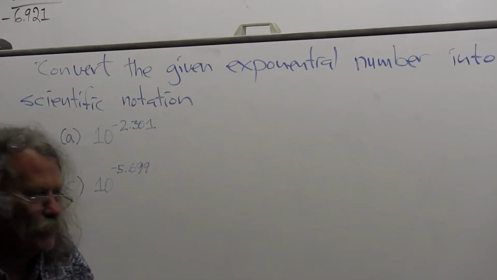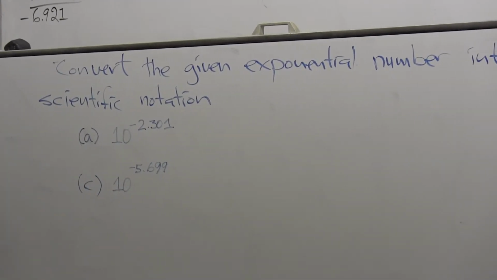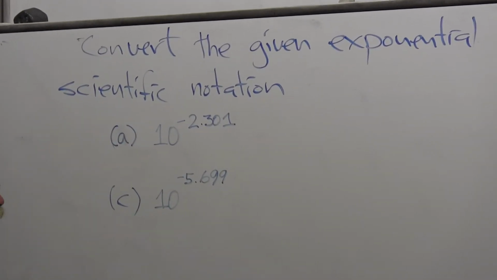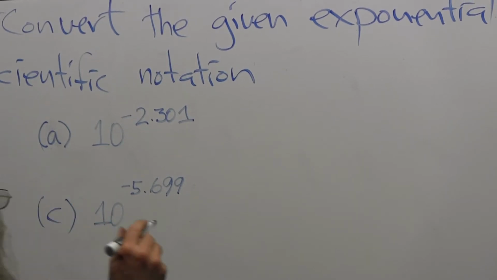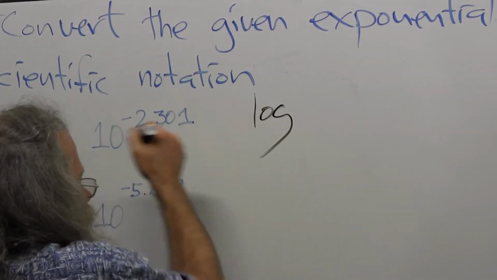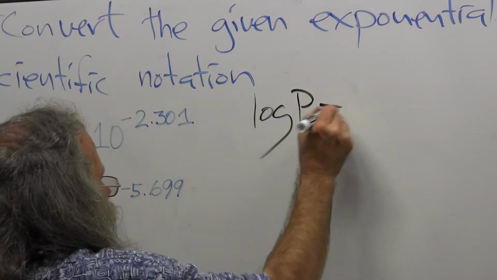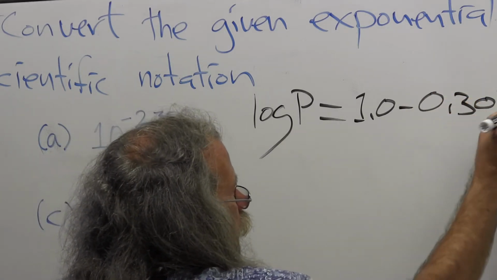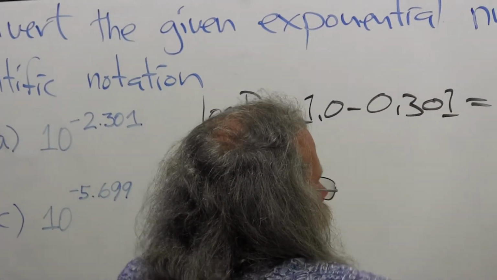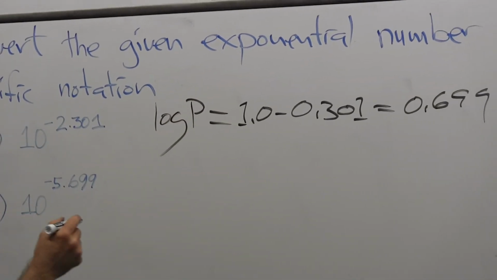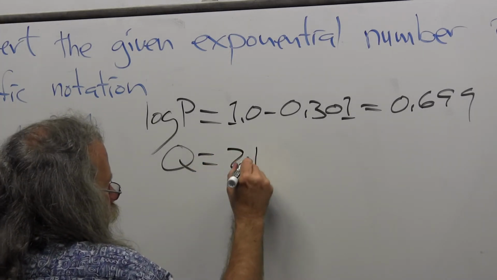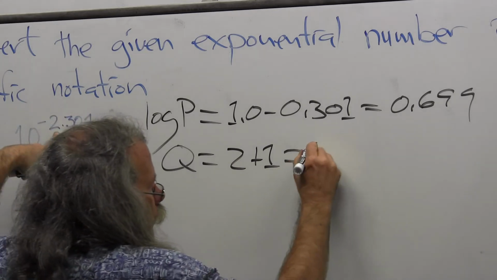Convert the given exponential numbers into scientific notation. This is the problem I was working on before. That is something we have to convert to scientific notation. So that means I have to recognize that, because this is a negative number, log p is going to be equal to 1.0 minus 0.301, and that's equal to 0.699. Okay, and the Q term is equal to the 2 plus 1, which is equal to 3.